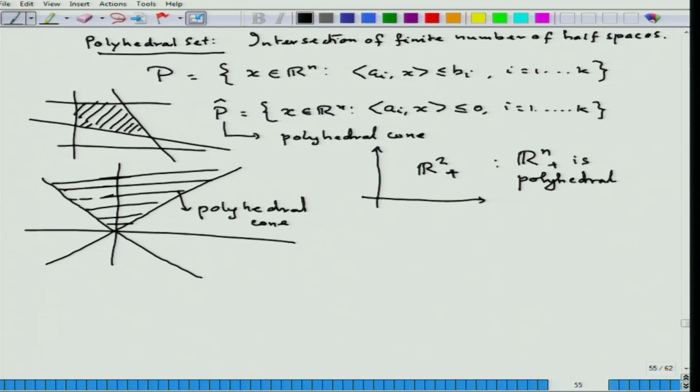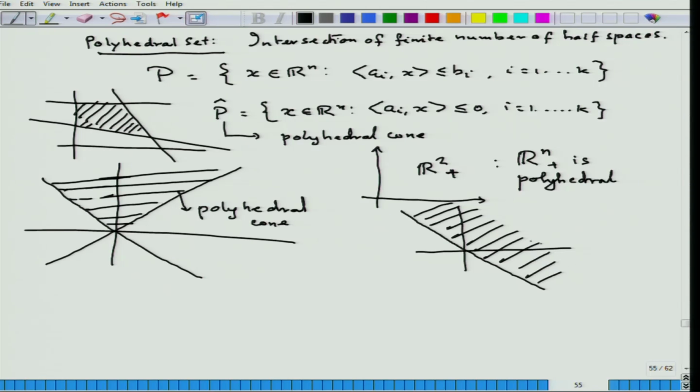You can make your own examples of polyhedral cones. Suppose you draw a line passing through the origin and take this part. This is also a polyhedral cone.